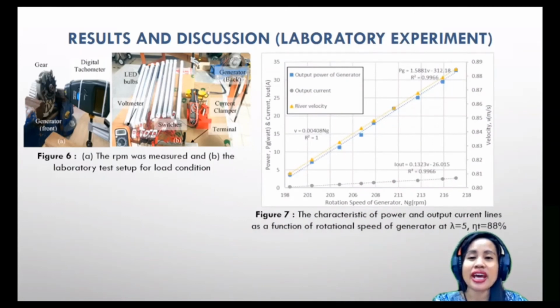Figure 7 indicates that the output current and the generator power were proportional to the rotation speed of the generator. The linear graph of the output power and current as a function of rotation speed of the generator had R-squared values of 0.9965 and 0.9966 respectively. This indicates that there was a strong agreement in the relationship between the recorded measurements.